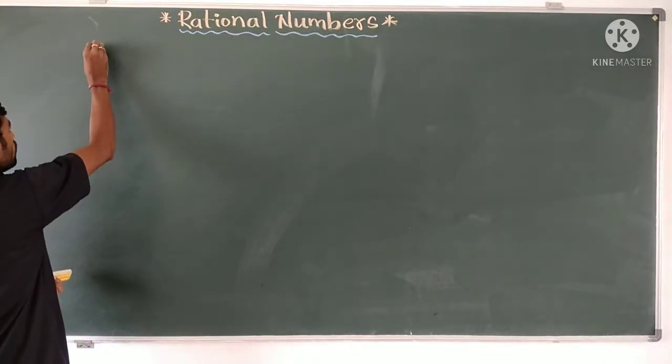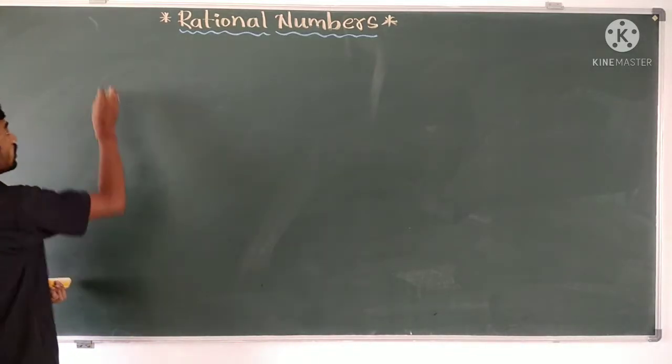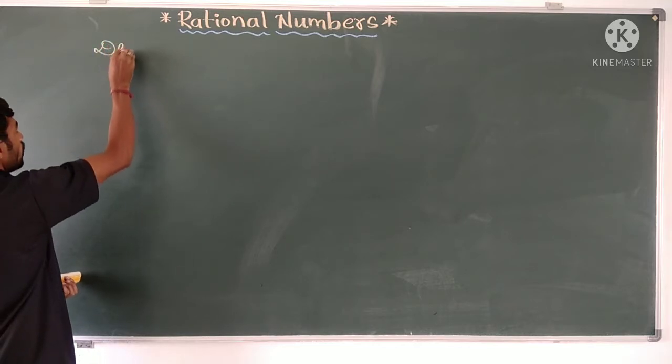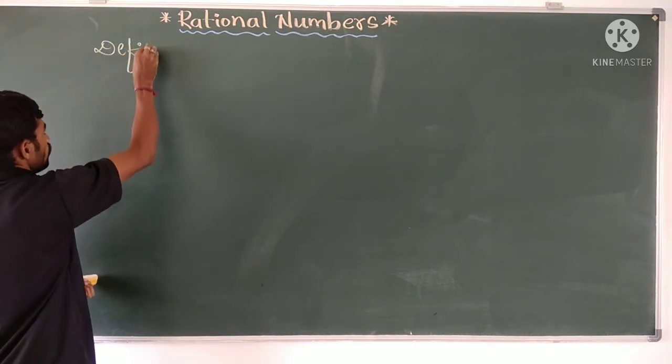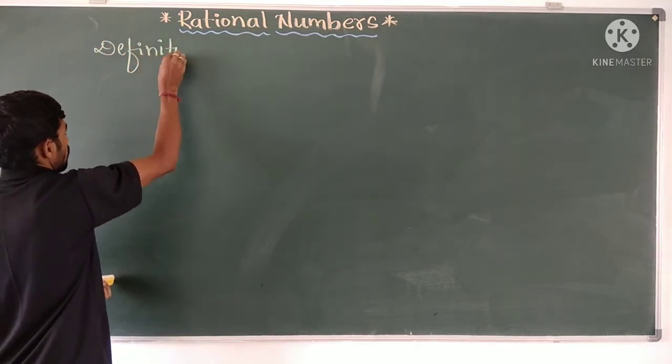So first we need to write the definition of rational numbers.